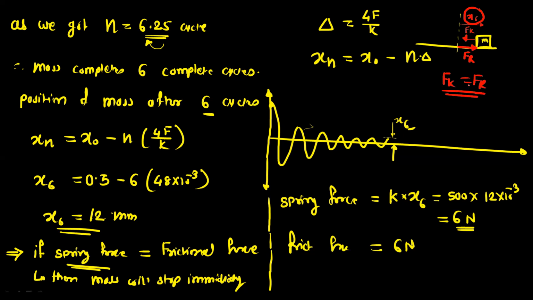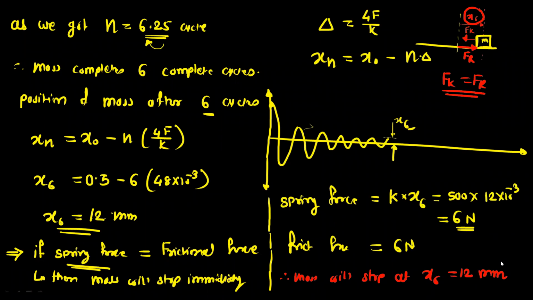So this is the equilibrium, and therefore the mass will not move towards the left side. It will remain stationary at this position only. So at x6, which is equal to 12 mm, the mass is stationary, that is, the mass will stop. So therefore the mass will stop at x6, which is equal to 12 mm.